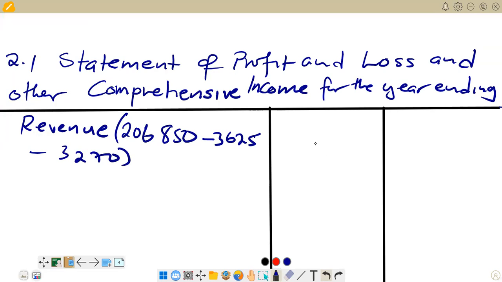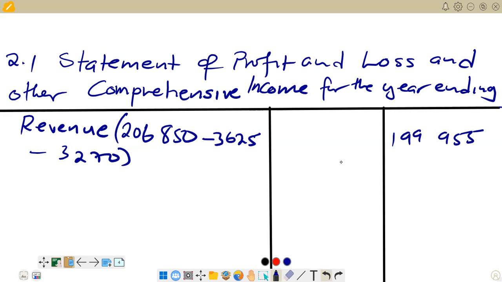Having done this, we can now calculate. If you calculate correctly, you're going to get 199,955. So this is the figure that we have there.